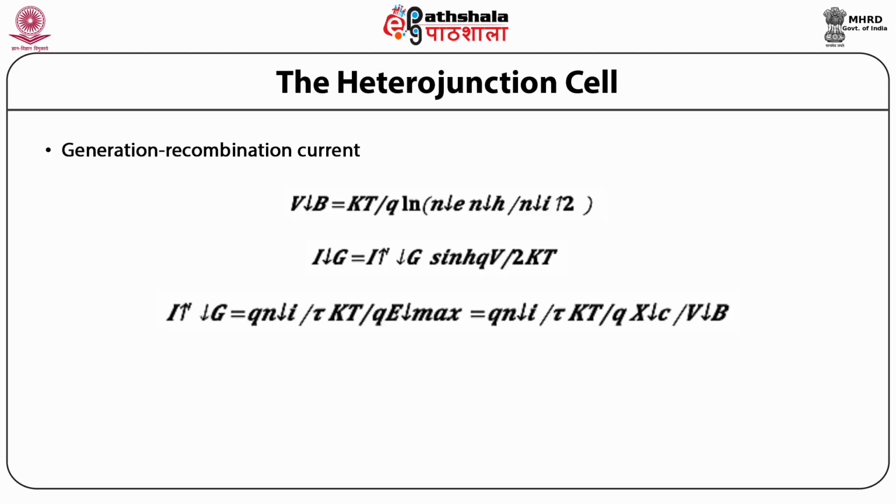It is equal to Q ni kT xc divided by tau Q Vb, where tau is the lifetime of minority carriers, Emax is the maximum depletion layer field strength, and Vb is the built-in potential, which can be written as Vb equal to kT by Q ln of Nd Na by ni square.